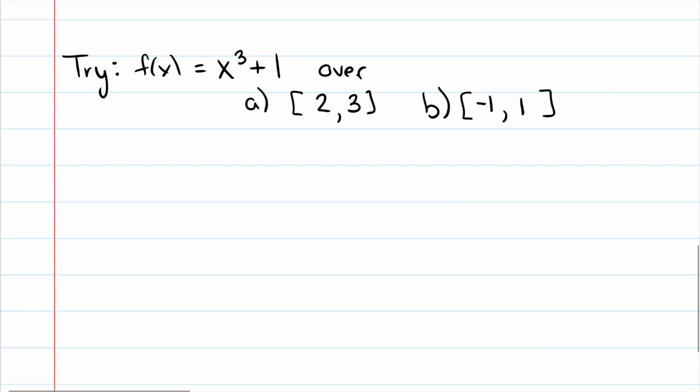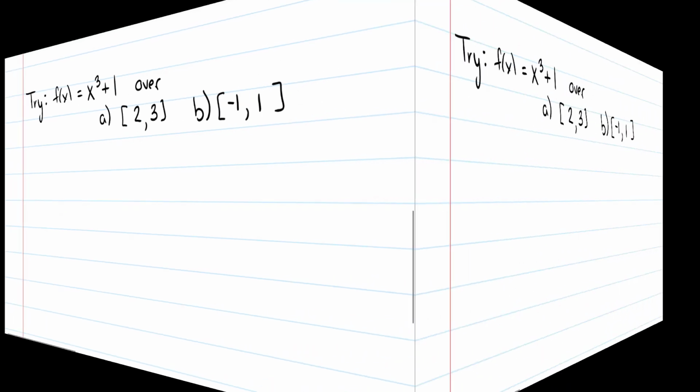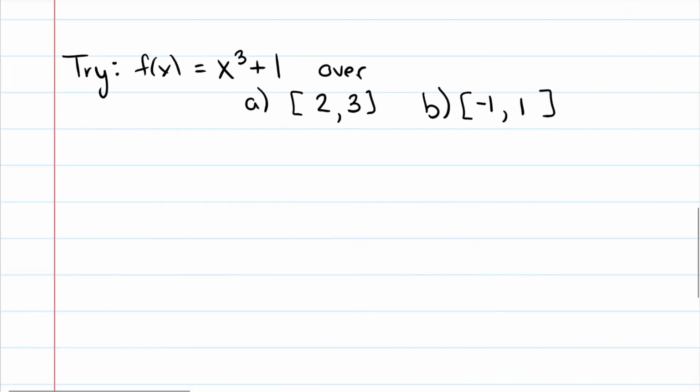So now on your own, I want you to try to determine the average rate of change for f of x equals x cubed plus 1 over the interval 2 to 3, and then over the interval negative 1 to 1. All right, let's give it a try. So again, the average rate is equal to delta y over delta x, which just becomes f of b minus f of a over b minus a.